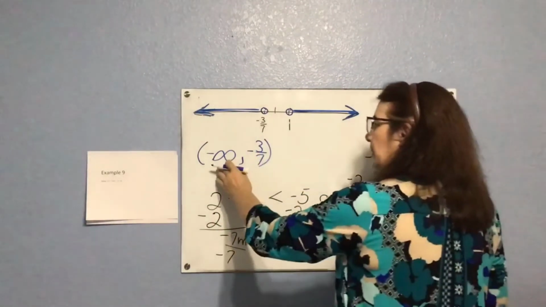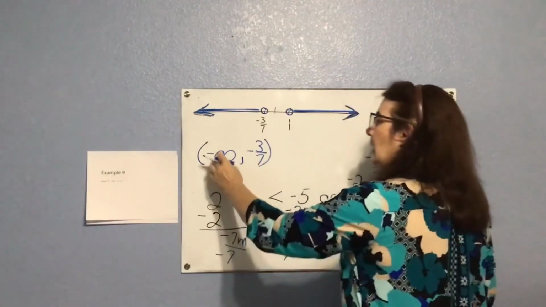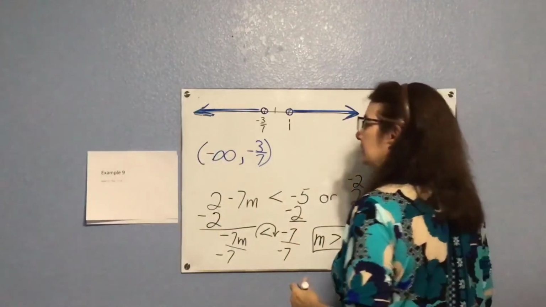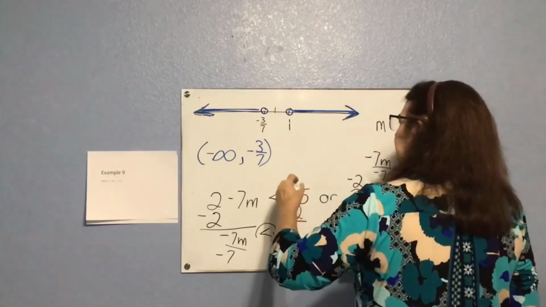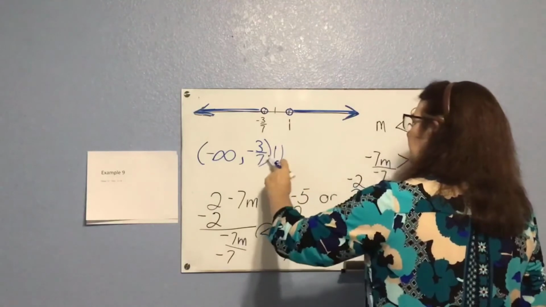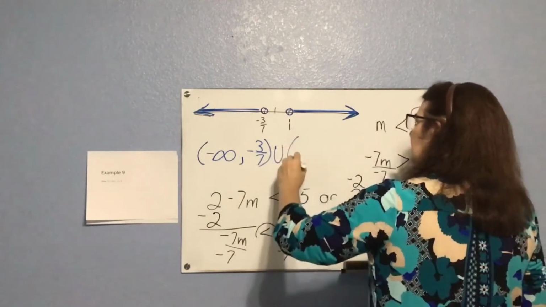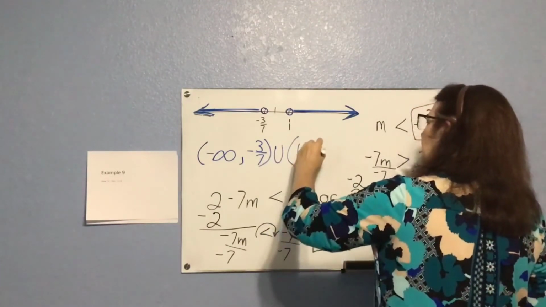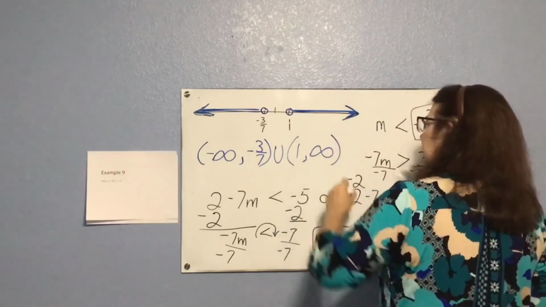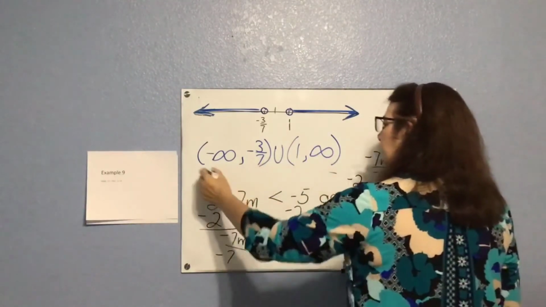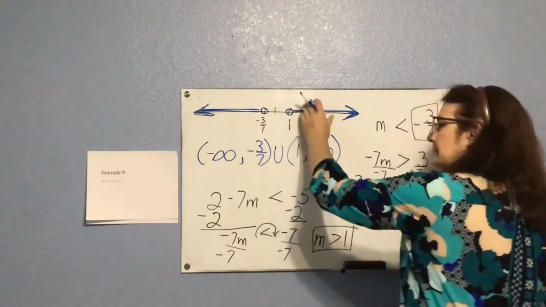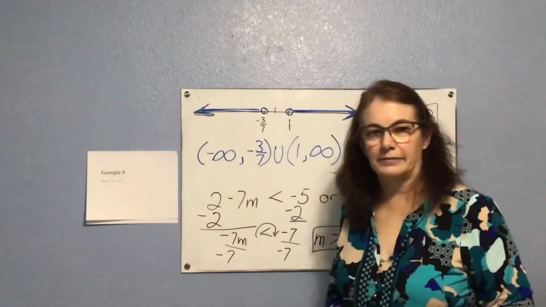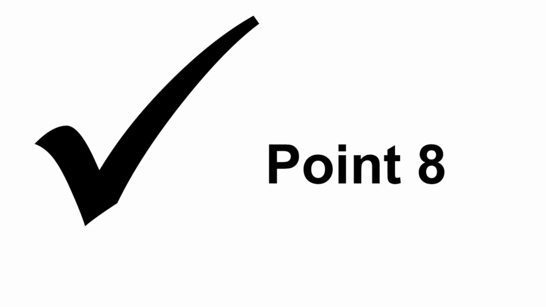Remember that when I use positive or negative infinity, I always use parentheses. And then the other part, so I say union from 1 to positive infinity. So this is the interval notation that represents the same thing as that graph. Pause the video and work now on checkpoint 8.